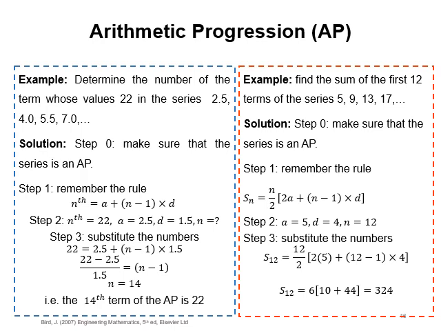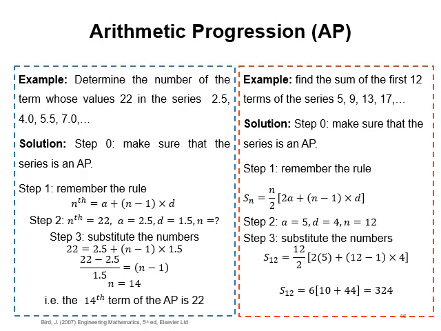Now example number 1. Determine the number of the term whose value is 22 in the series 2.5, 4, 5.5, 7. Now in this example, he did not tell me that this is an arithmetic progression, and as I mentioned, there are other progressions. So I need to check.